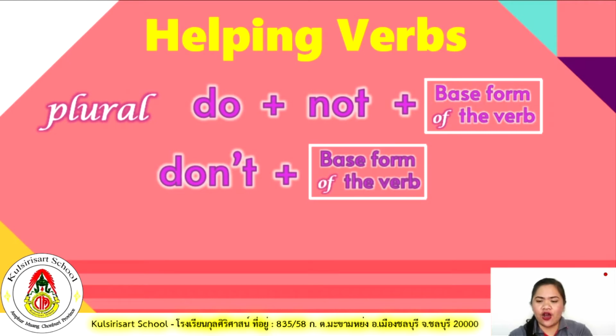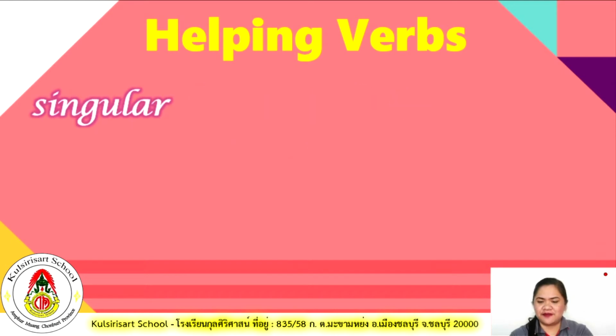If a while ago I told you about do not plus base form of the verb, in contractions, you will use don't plus the base form of the verb. Take note, that only applies if the subject of the sentence is very good, plural.